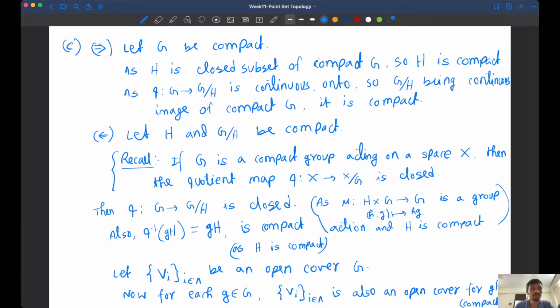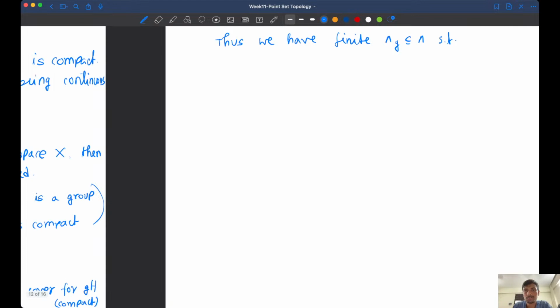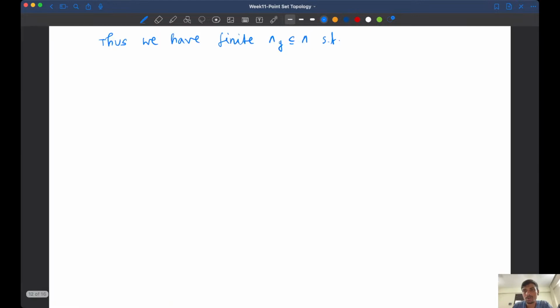So this has a finite, let's say lambda_g, subset of lambda, such that this gH is contained inside the union over i belongs to lambda_g of V_i.